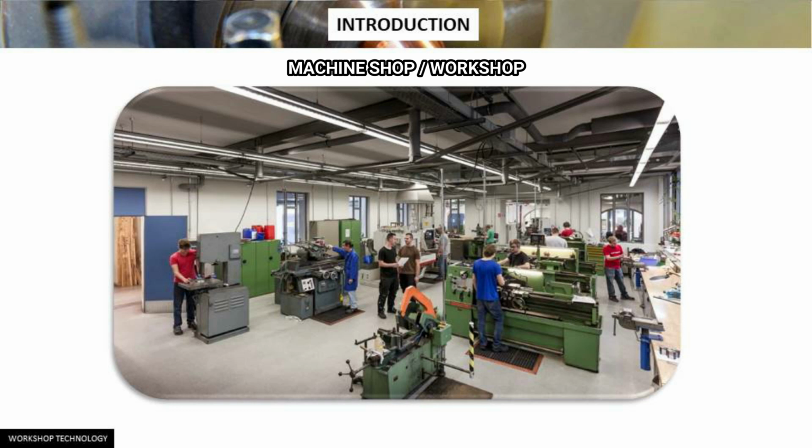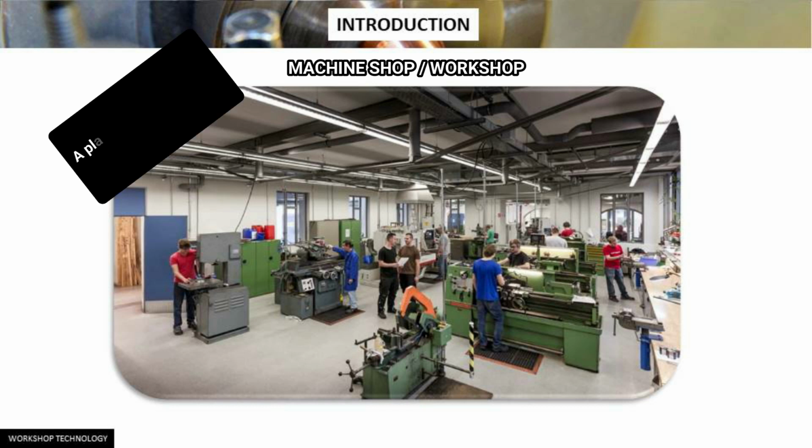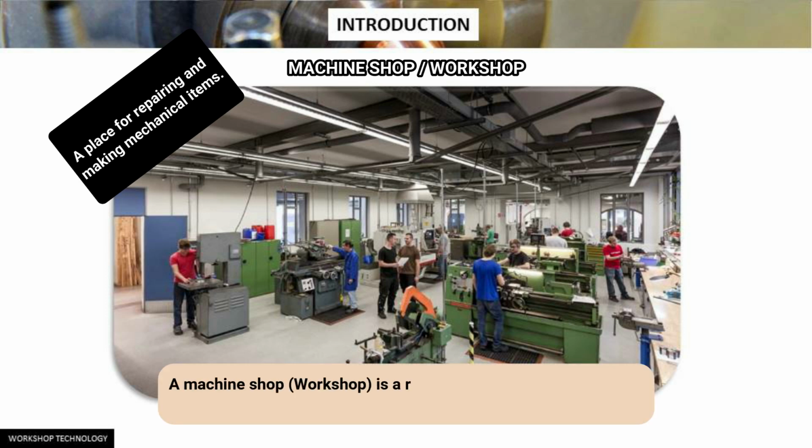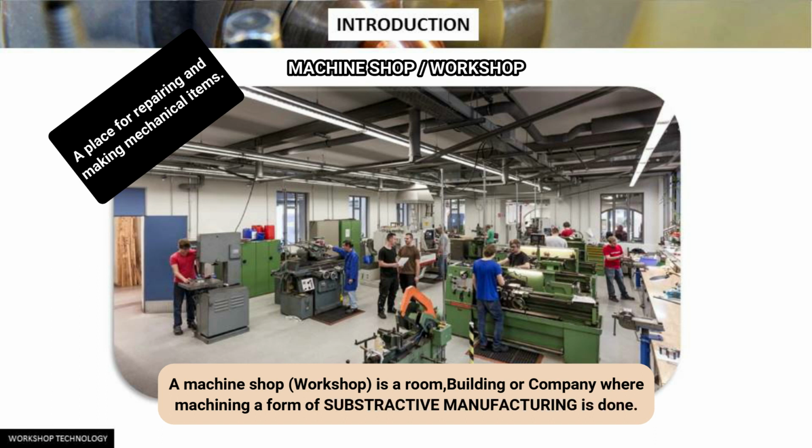Operators work over this machinery and produce desired products. The simplest definition of a machine shop is that it's a place for repairing and making mechanical items. A machine shop is a room, a building, or a company where machining, a form of subtractive manufacturing, is done.